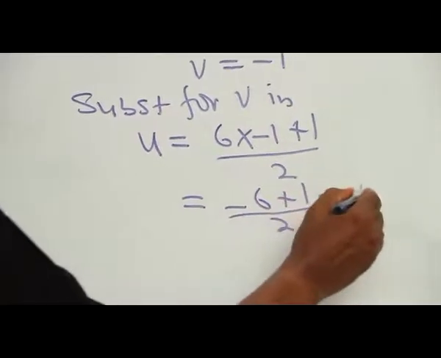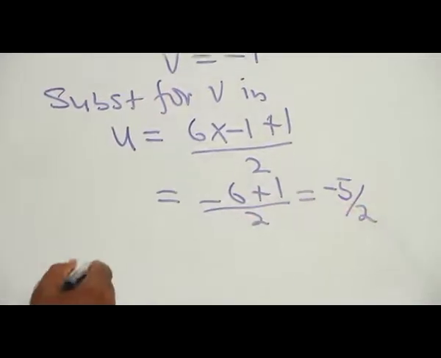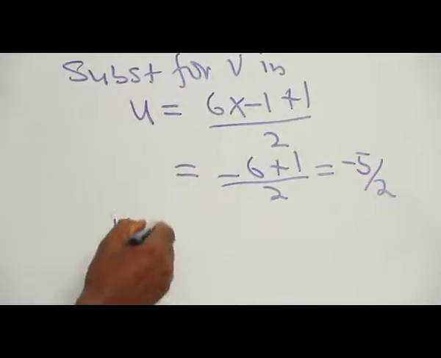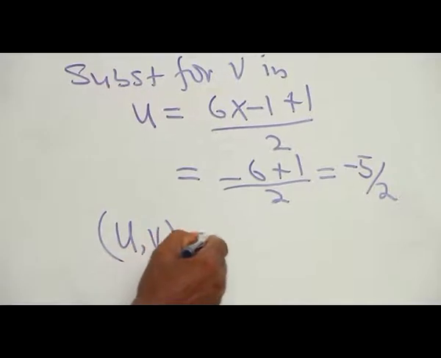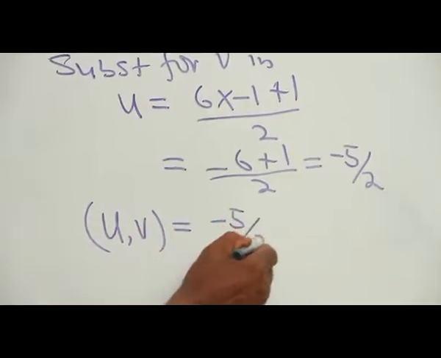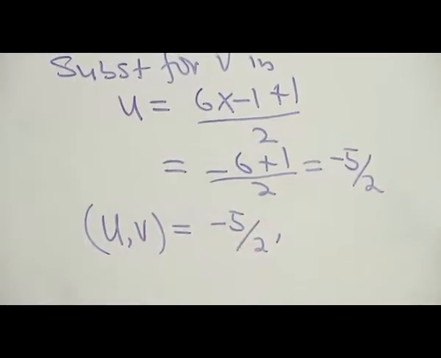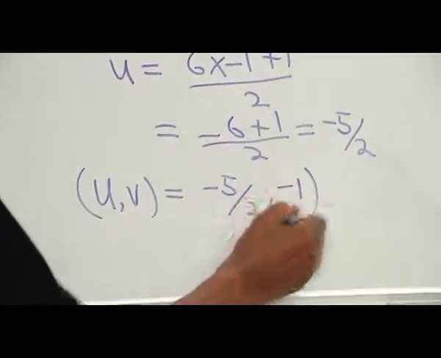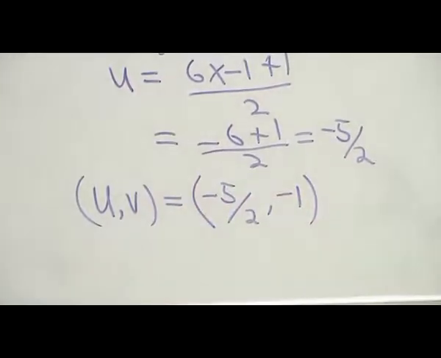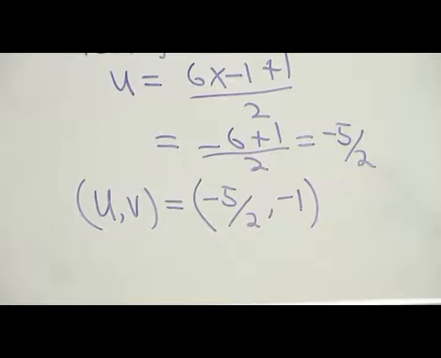This will give you minus 5 over 2. Our result, U, V, will now be equal to minus 5 over 2 comma, and then minus 1. And this is the solution required of you in that problem.